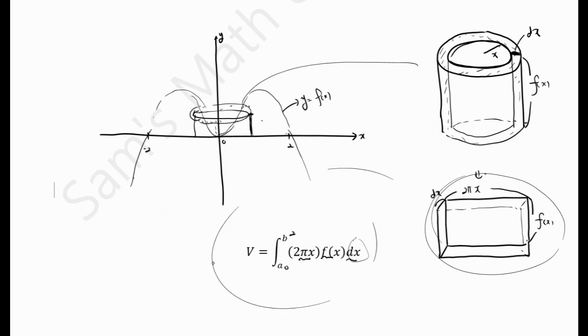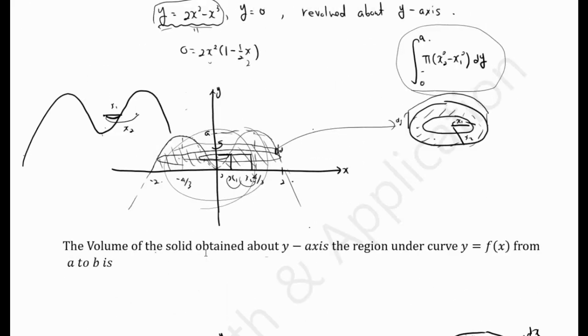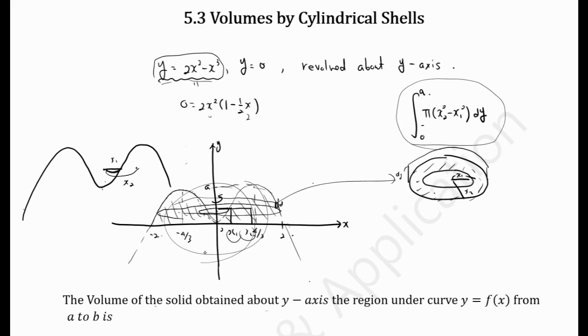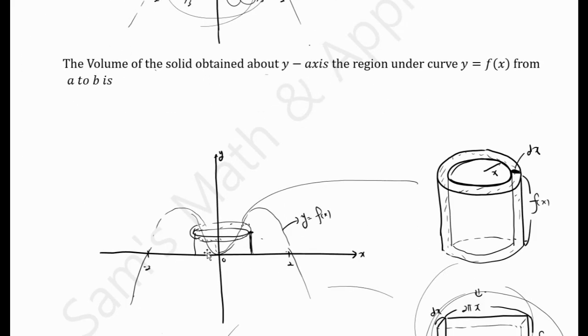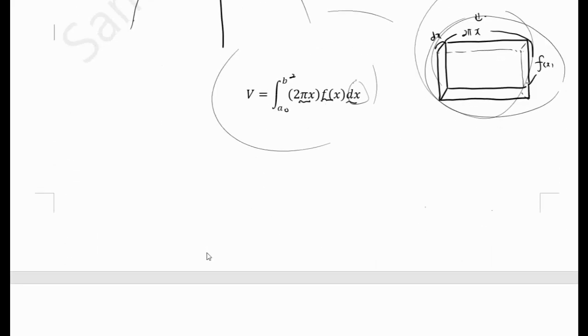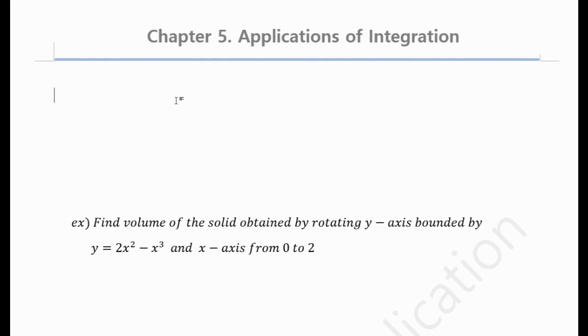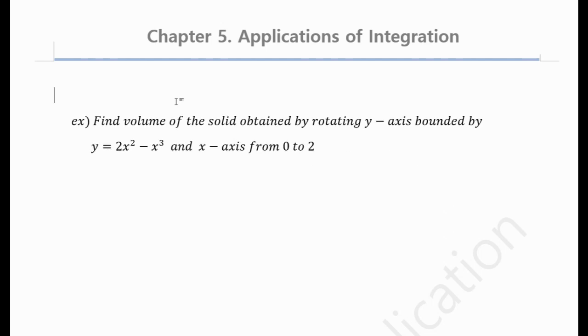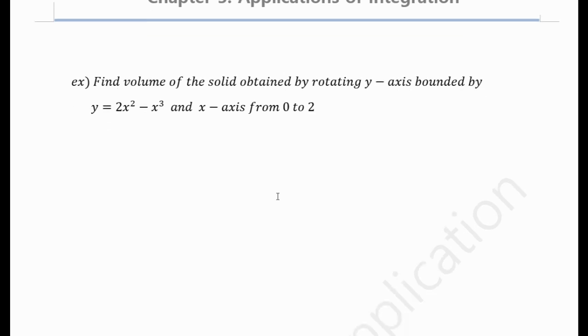So this method is called cylindrical shells. Finding the volume by the washer method is very difficult, so we need another method. It's called cylindrical shells. Using the cylindrical shell volume, we can find the total volume. So I'll take an example: find the volume of the solid obtained by rotating about the y-axis the region bounded by the curve from the above example.